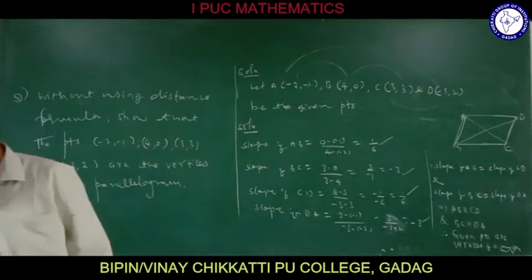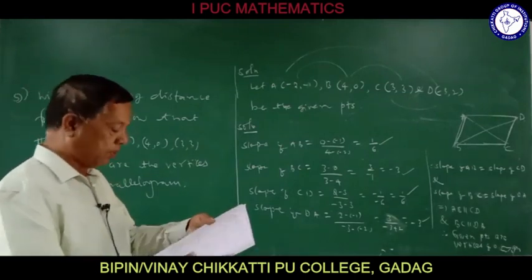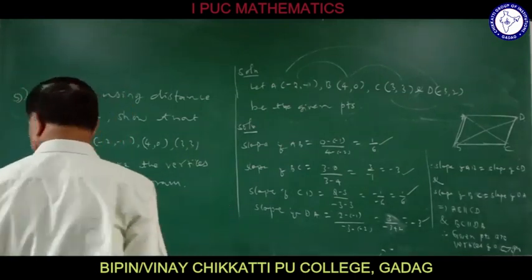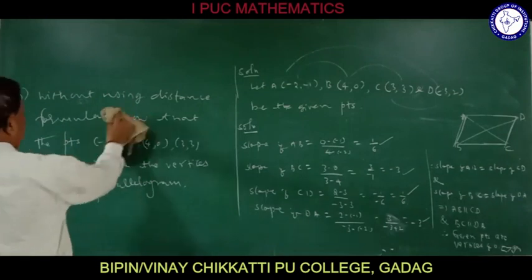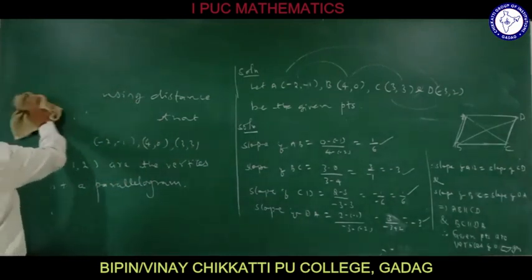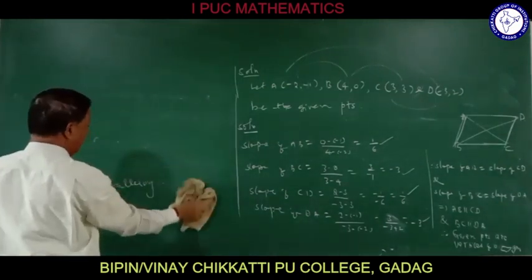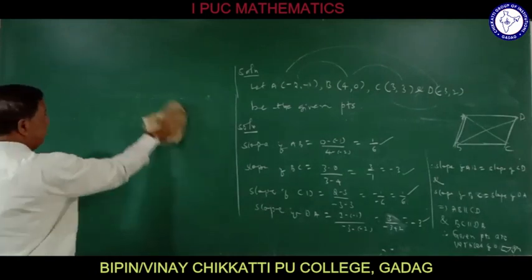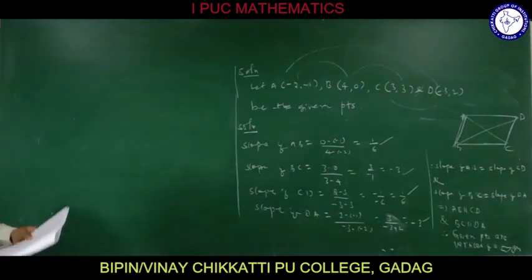Now, similarly, you can go for the next problem, how this is to be done. Look at this, number 21, the sixth problem I am going to discuss here. All problems you have to work out later on at home.